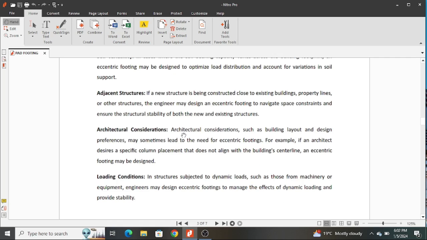Sometimes the architectural considerations force you to do something, and in such cases, maybe the building layout, design preference of the architect and the developer, may sometimes lead to need for eccentric footings. For example, if an architect desires a specific column placement that does not align with the building's center line, sometimes you might be forced to come up with an eccentric footing as the structural engineer.